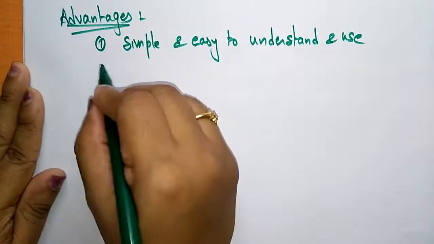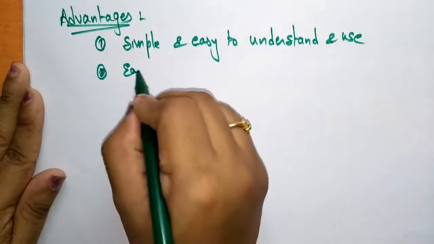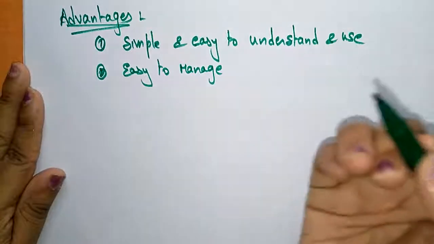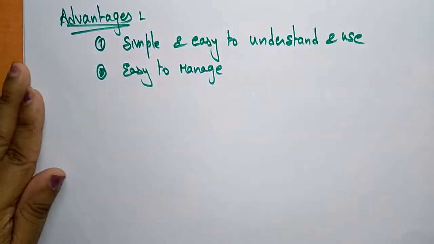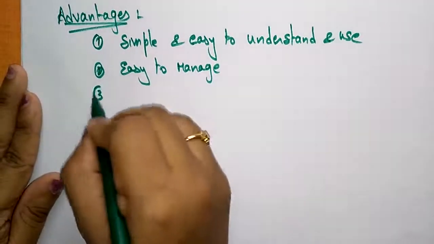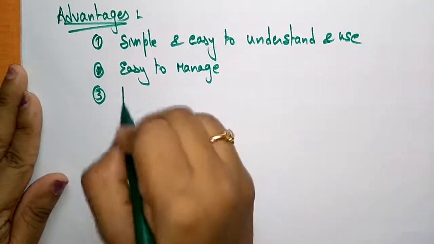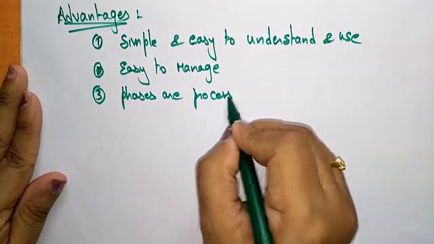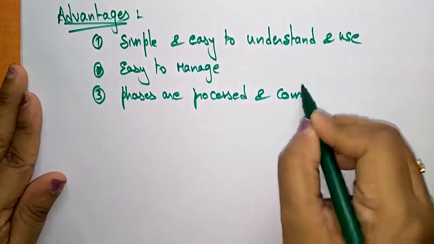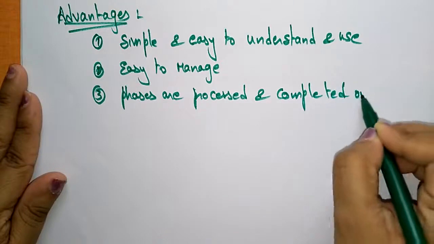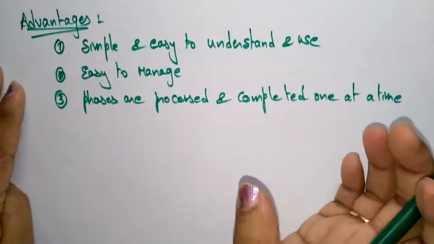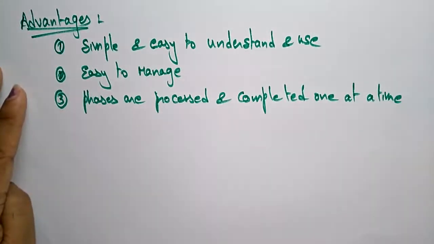Next, it is easy to manage, and each phase has a specific delivery and review process. Next, phases are processed and completed one at a time. Once one phase is completed, only then are you supposed to go to the next phase.